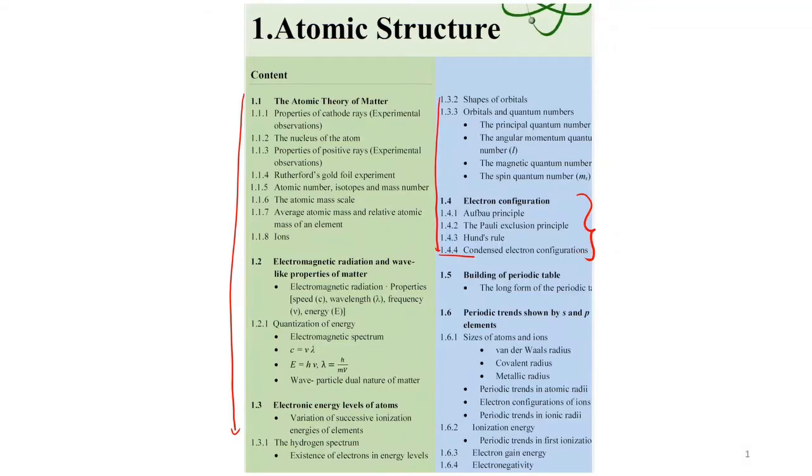If you check starting from 2017, 18, 19, 20, and 2021, every year you had at least one question from the quantum numbers. So this part. Pretty much every year you had some sort of a question from that part.